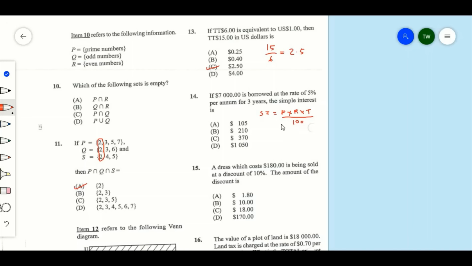Right? All you're going to do is substitute the values for P, R and T. So P in this case is going to be the 7,000. So it's going to equal 7,000 times the rate, which is 5 in this case, times the time, which is 3, all divided by 100.